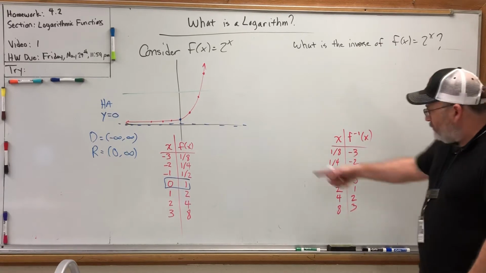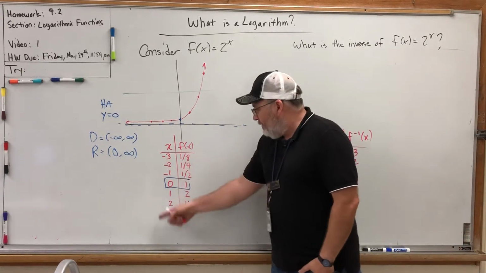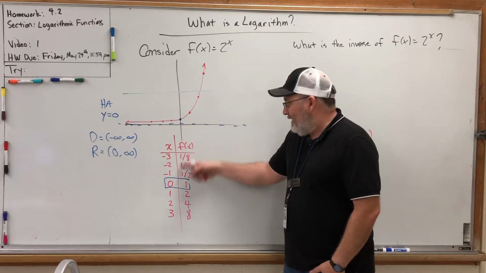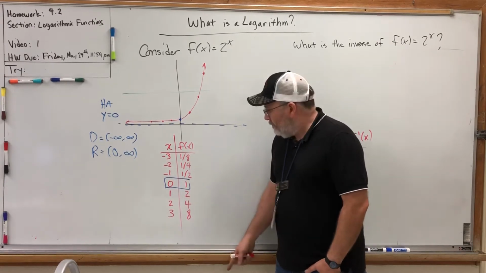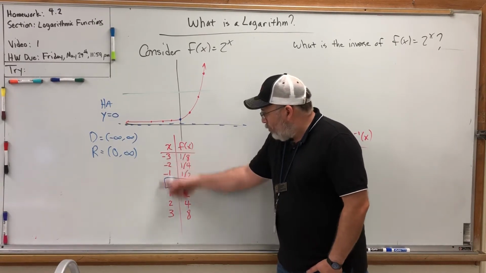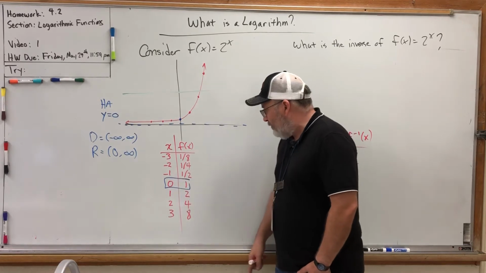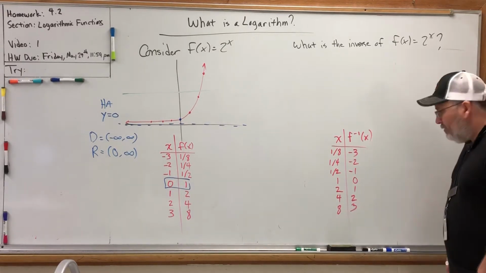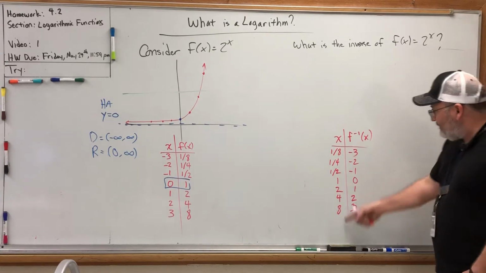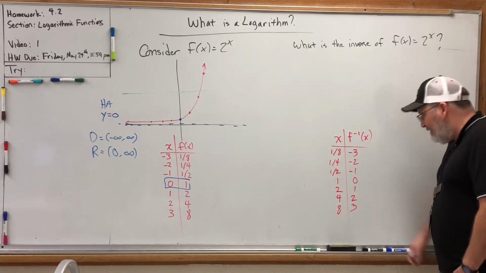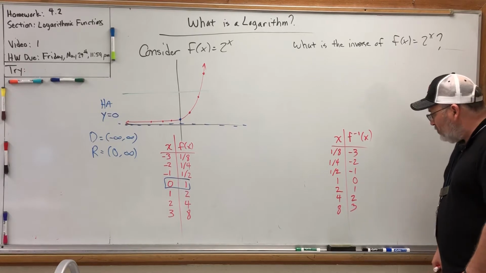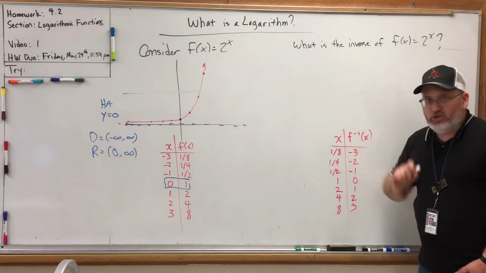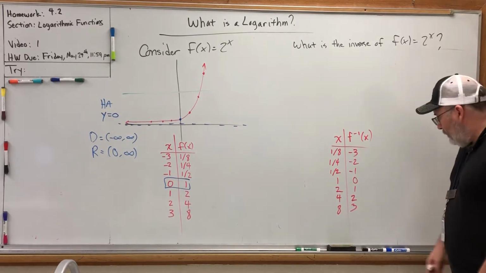And remember how this worked over here. Over here, these were powers that gave us this answer. So if these numbers over here were powers or exponents, then it stands to reason that they still are. So what question could we ask whose answer would be these in terms of powers? Remember, the original function was 2 to the x power.